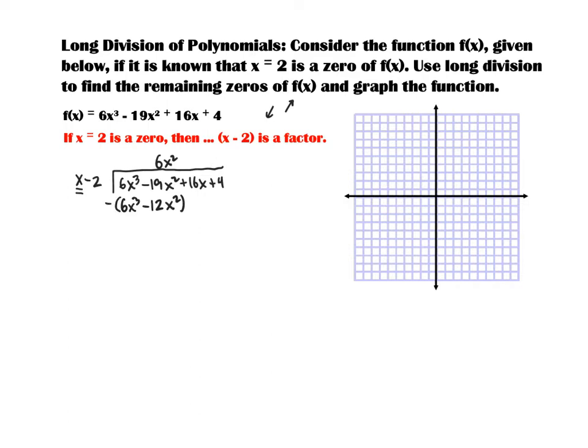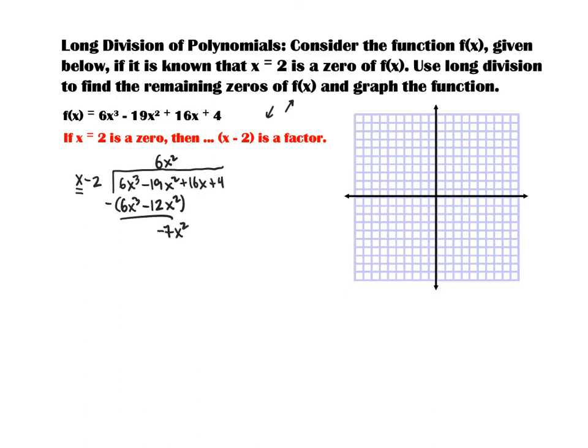I always put parentheses around when I divide, and the reason for that, you'll see in just a moment, is sometimes you forget to distribute, but negative 19x squared minus a negative 12x squared. Of course, I'm going to get 0x cubed here, because that's what I'm attempting to do. I'm trying to eliminate that term, so that'll disappear. So I'll get negative 19x squared plus 12x squared. So that'll be negative 7x squared.